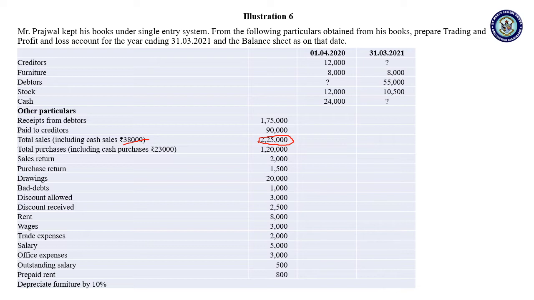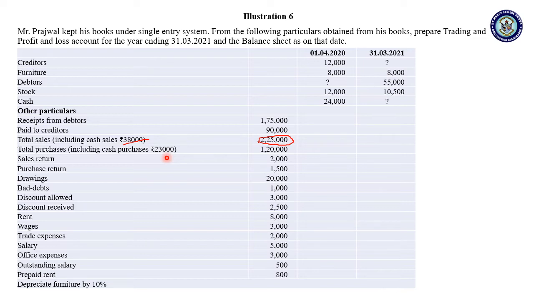I repeat, my total sale is 2,25,000, out of which 38,000 is the cash sale. So the remaining 1,87,000, that is 2,25,000 minus 38,000, will be my credit sale. So cash sale 38,000, credit sale 1,87,000.